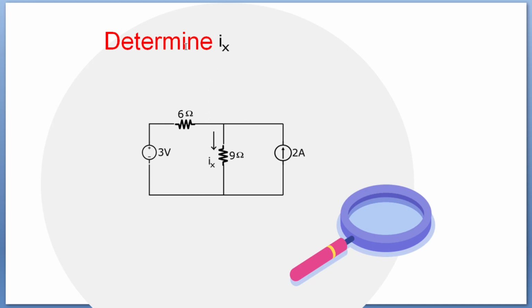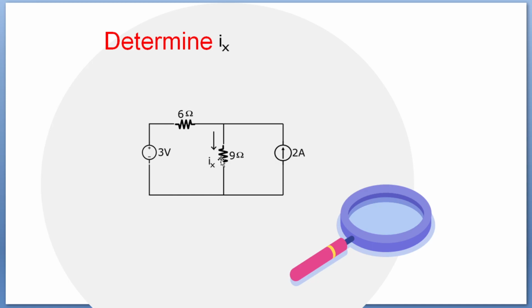In this example, determine Ix by using superposition theorem. Here, I find the response in 9 ohm resistor, that is current in 9 ohm resistor with 3 volt source acting, and make this 2 ampere source inoperative.